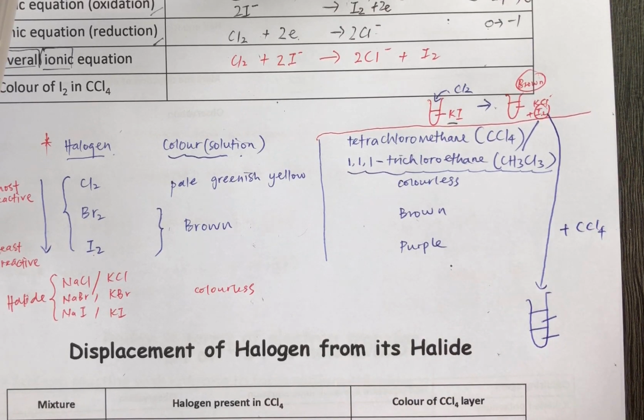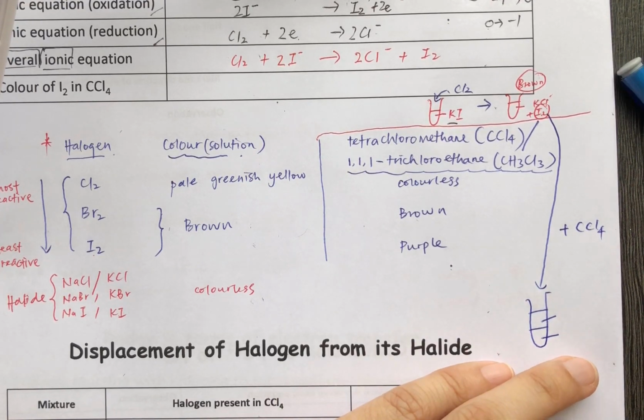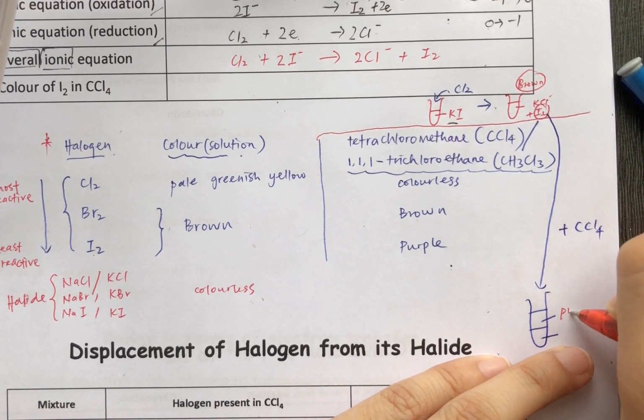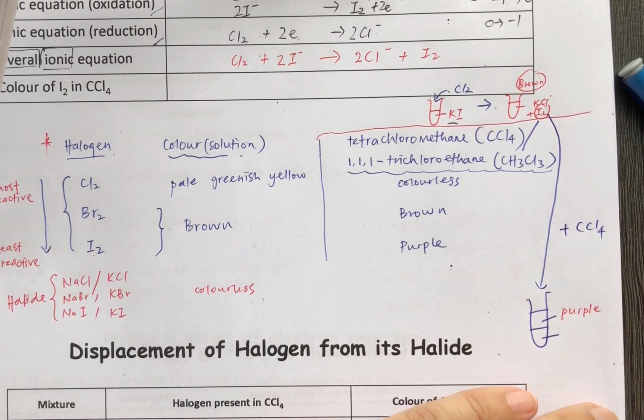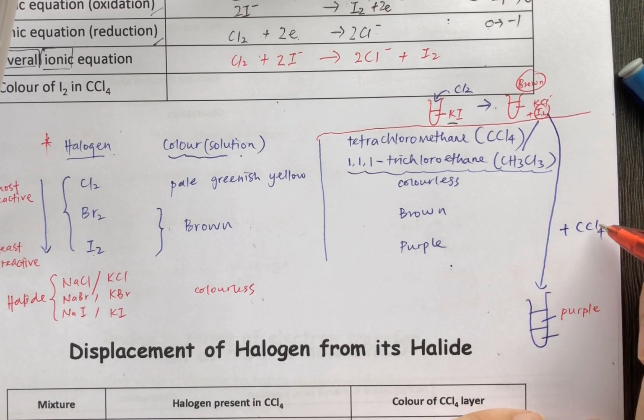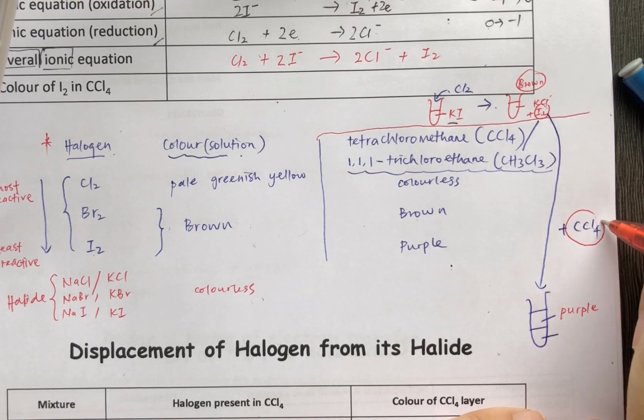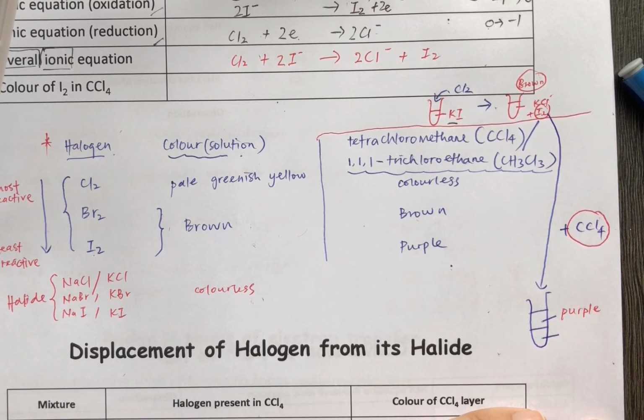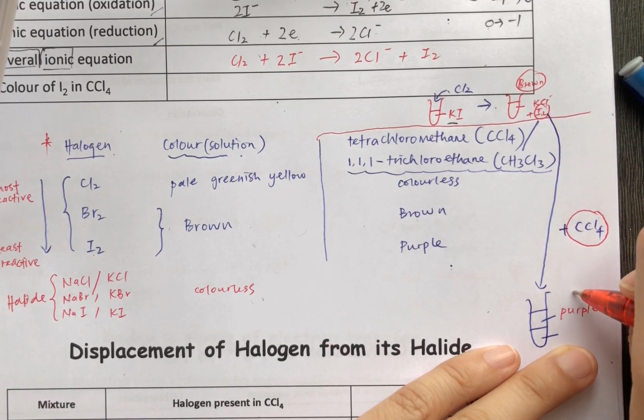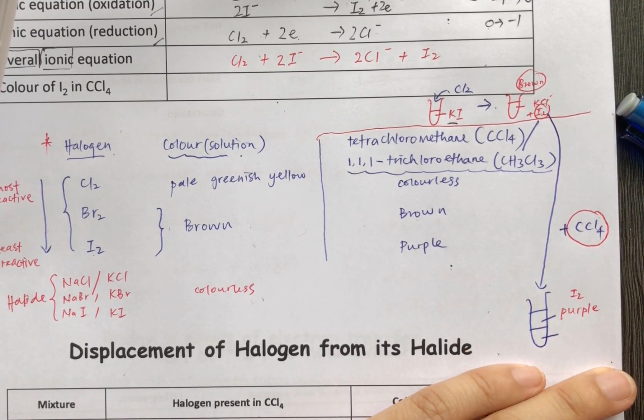And what is the color? Very simple. On top, I will form purple color because the CCl4 has dissolved the iodine.